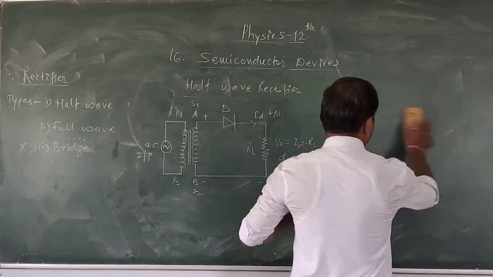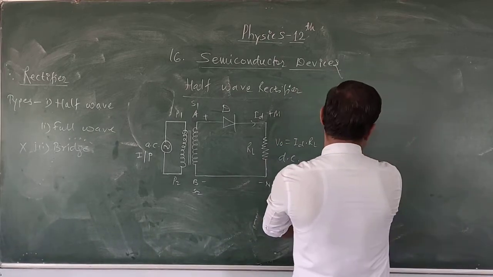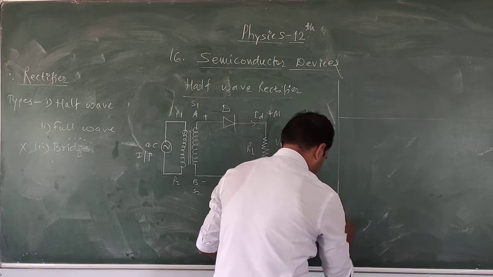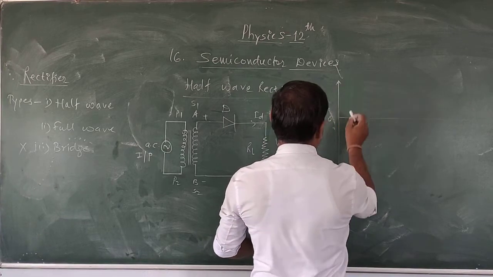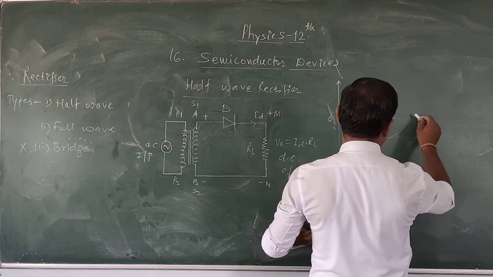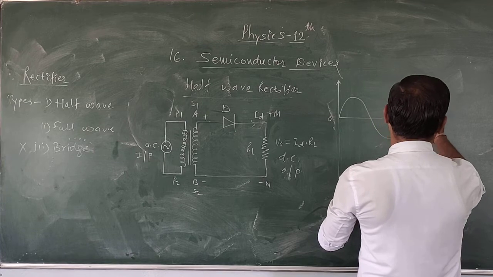So here the waveform can be drawn on the blackboard like this. So here this is the cycle of the AC signal which is applied at the primary terminals of the transformer.